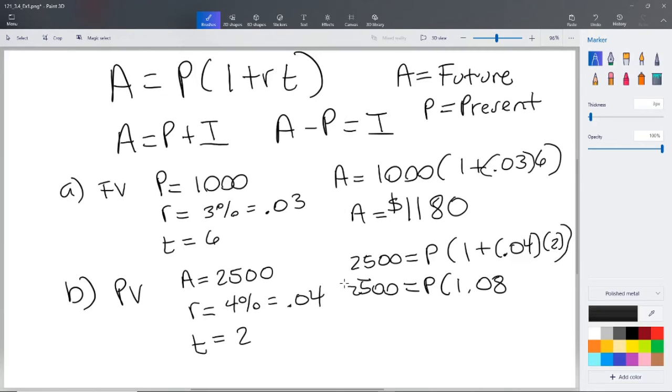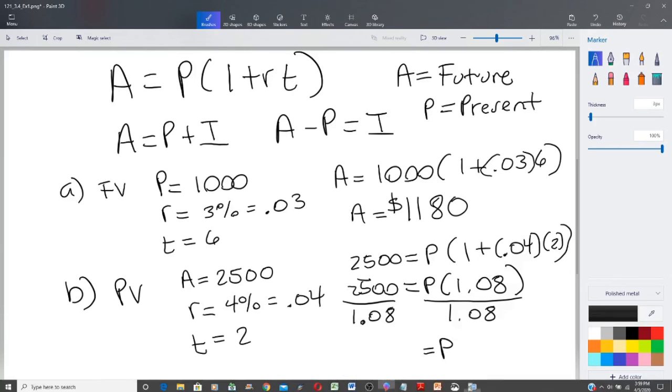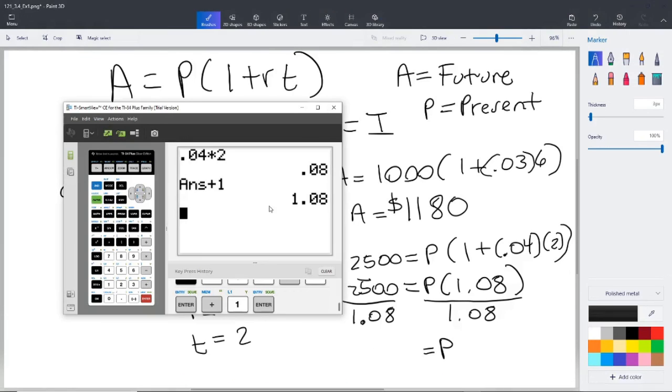So now we're going to divide both sides by 1.08 so we can figure out what exactly we need to put into this account for 2 years and have it sit there. So P is going to equal 2,500 divided by 1.08. I'll show you a trick on this calculator.